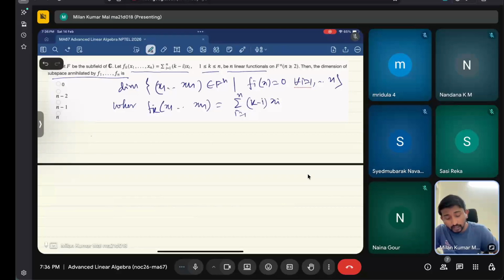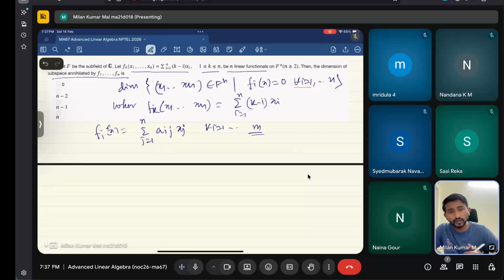Suppose we are given f1, f2, ..., fm. Suppose fi(x) equals the summation of aij xj, j equals 1 to n, for all i equals 1 to some m.